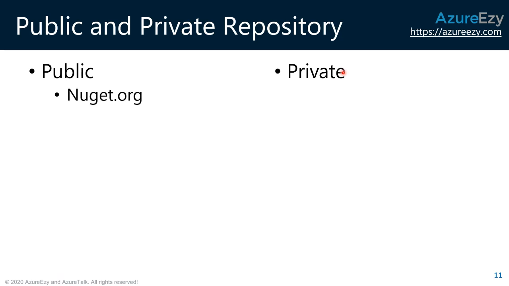One is NuGet.org. If you have developed a NuGet package based on the .NET platform, and you want to open source it or share it publicly with the community, you can go to this page and look at the various ways you can host it. Then anyone on the internet will be able to discover your package and consume it.